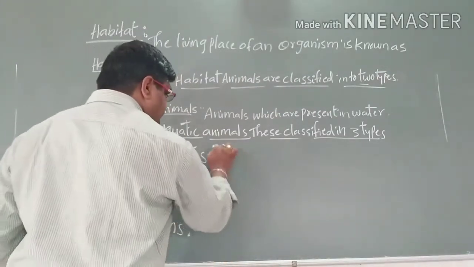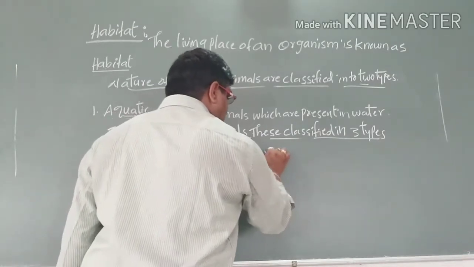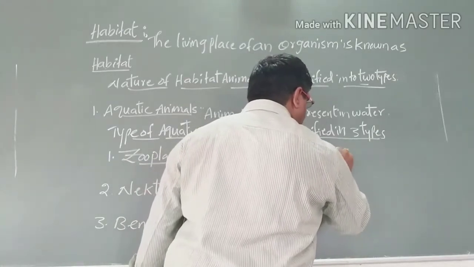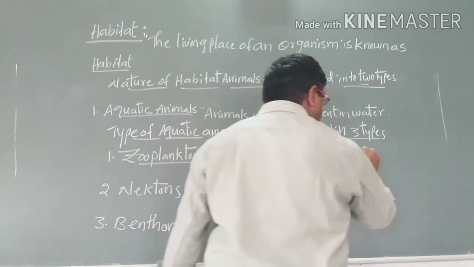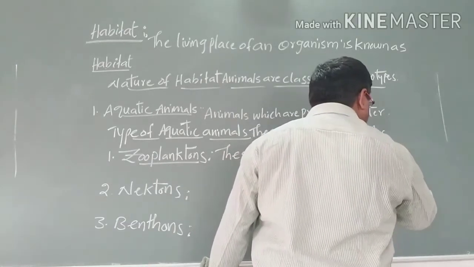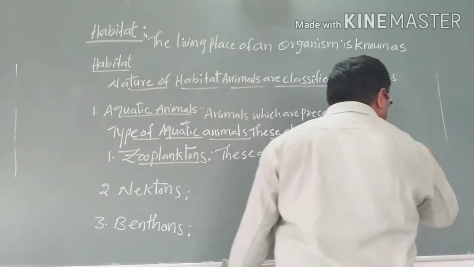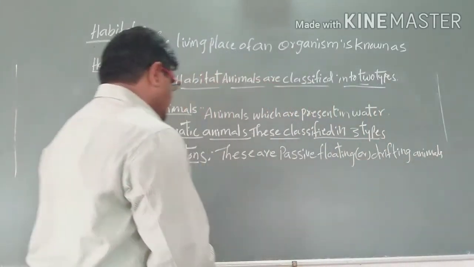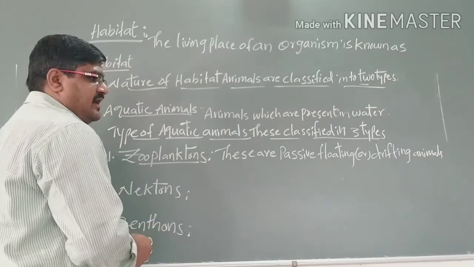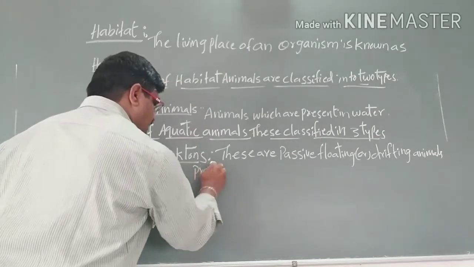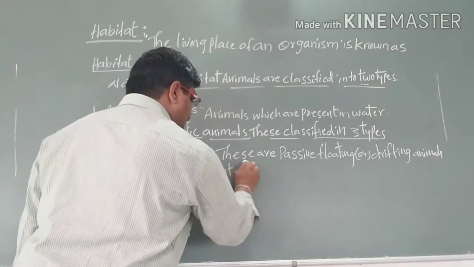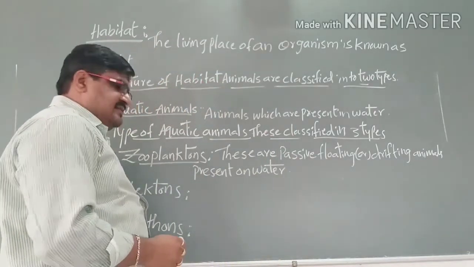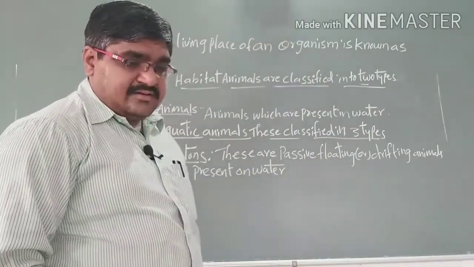These are the passive floating or drifting animals present on water. Such types we call zooplanktons.